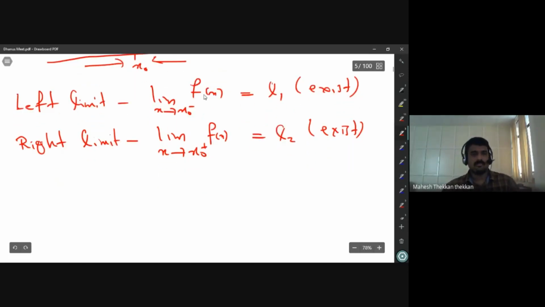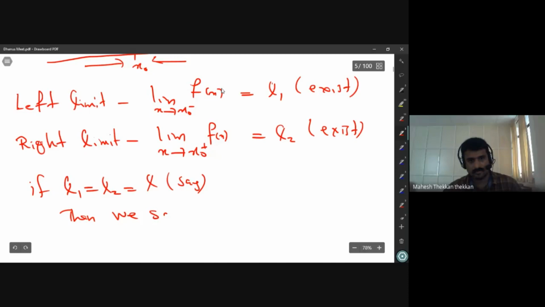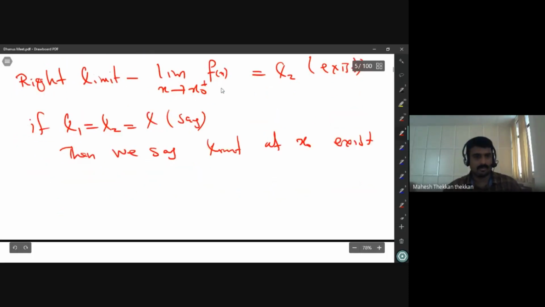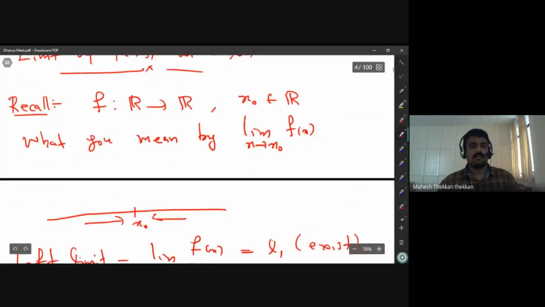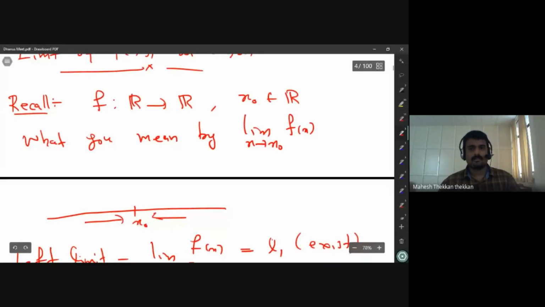Then if these two values are equal, if L1 is equal to L2, which I call L, we say the limit at x naught exists, and we denote that by limit x tending to x naught f of x. So this is the common value L. This is the way we have understood the limit at x naught for a function from R to R at a point x naught.